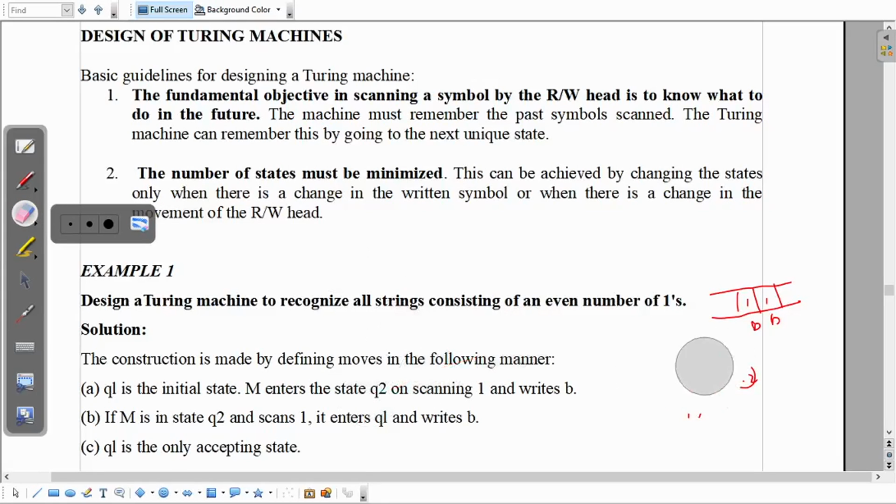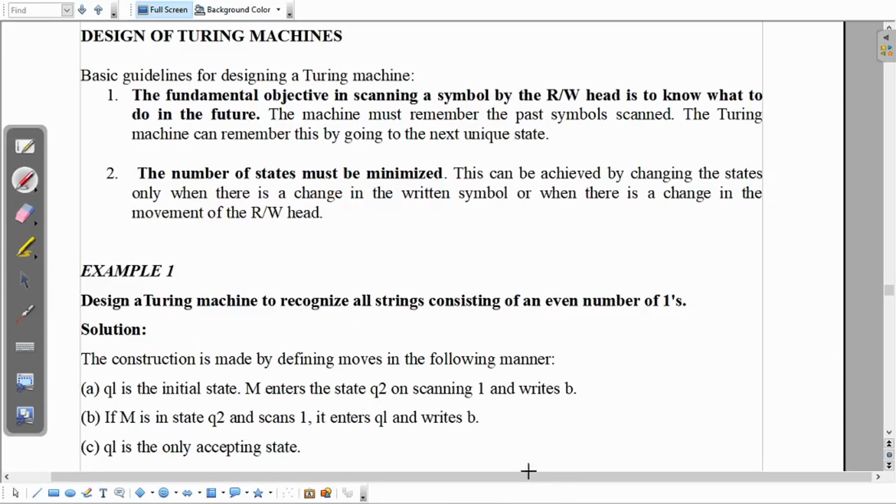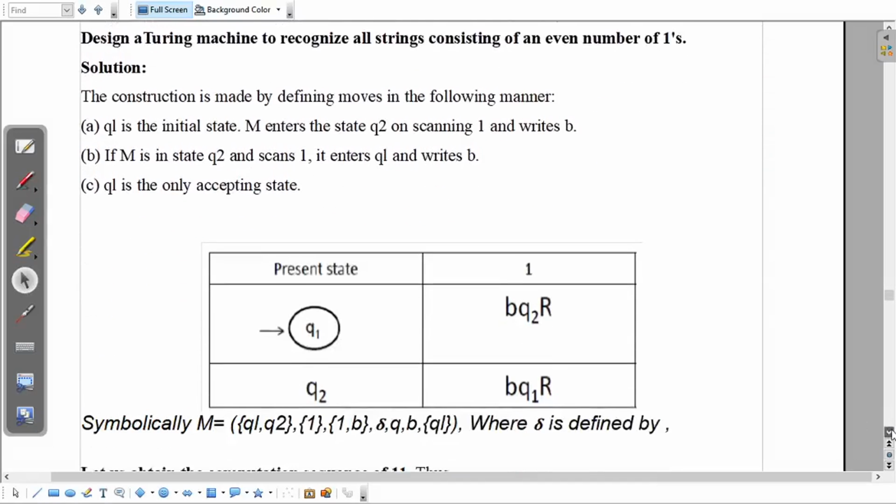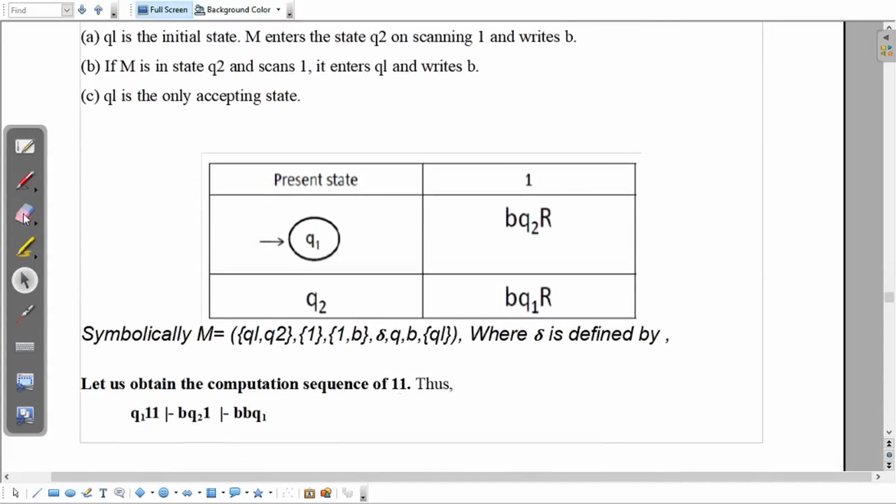Now for this I am going to construct the tuples. The tuples represent K, the set of states, sigma, tau, delta, that is the transition table, and then the start state, that is Q1 here.